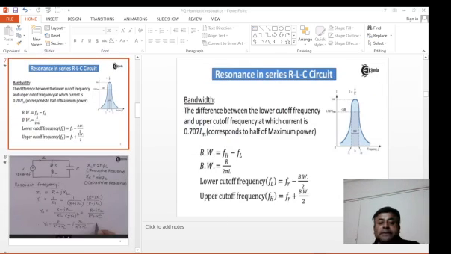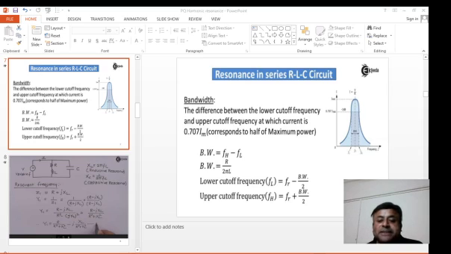Now coming to bandwidth, which depends on resonance. We have seen that in a series RLC circuit, the condition XL equal to XC holds at resonance. The difference between the lower cutoff and upper cutoff frequency is the bandwidth, where current is 0.707 times Im, which corresponds to maximum power flow.